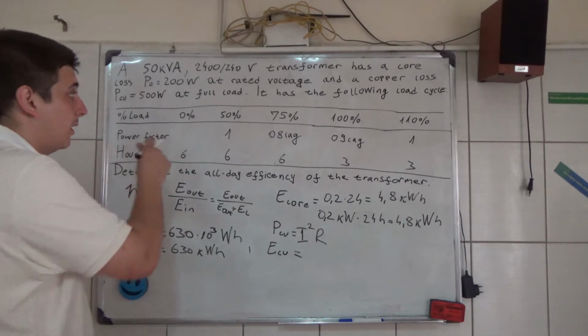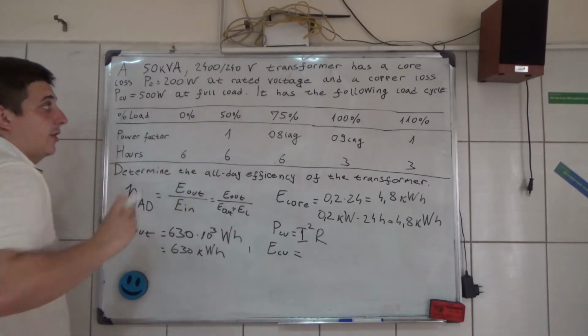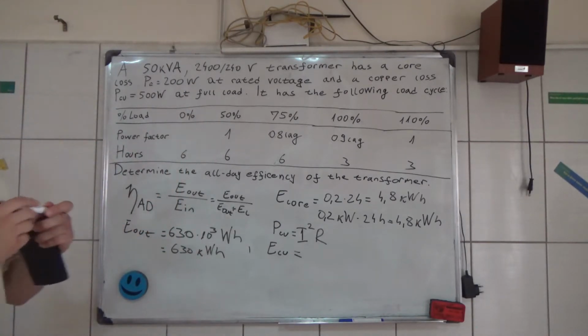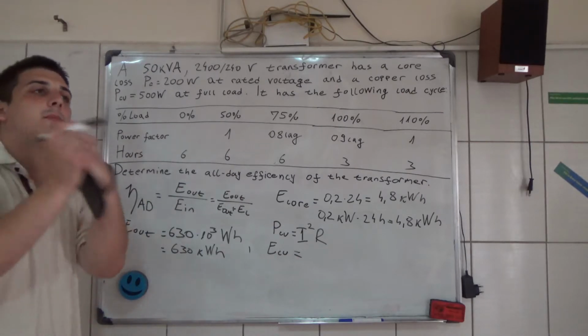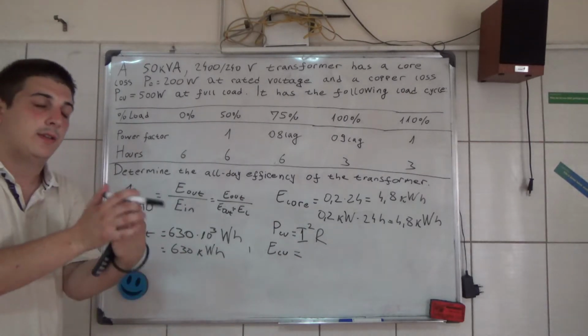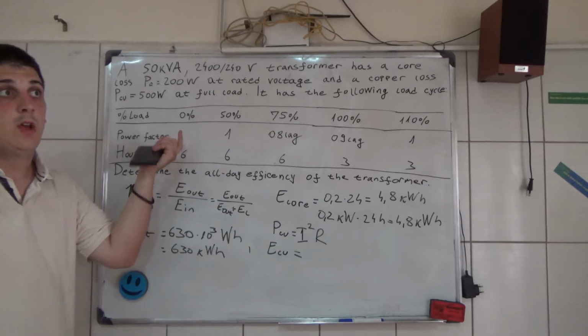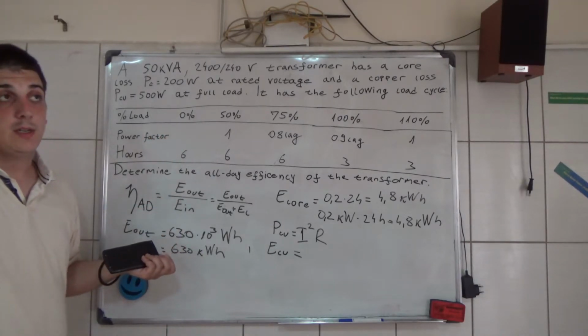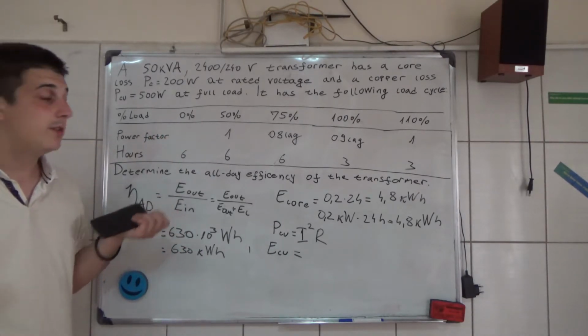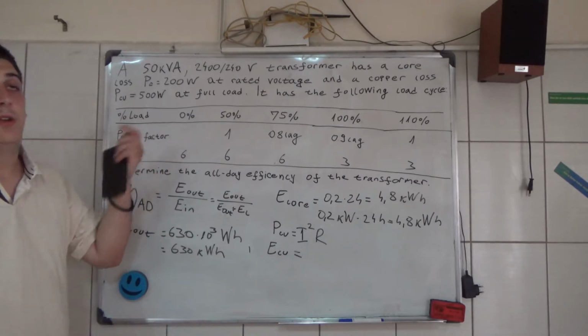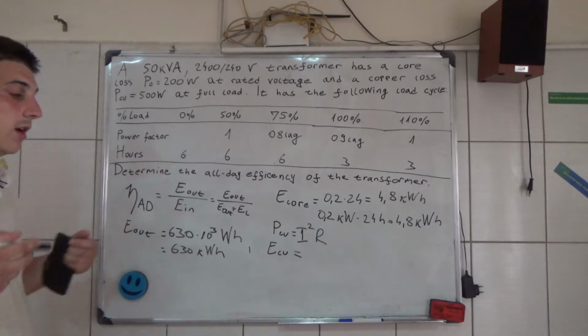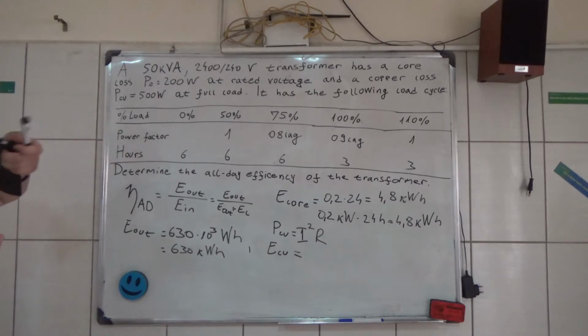And now, here in the first situation, we don't have any current that is drawn from the primary side or on the secondary. So you would have to say 0 squared, but 0 squared is 0, and in this particular situation I'm not going to write anything down. And 500 watts I'm going to write as 0.5 kilowatts.